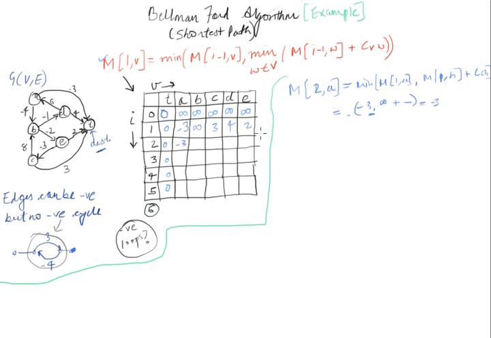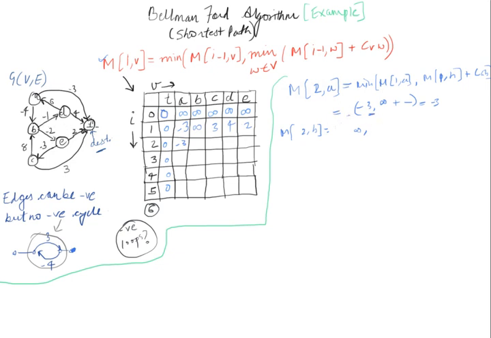Similarly for M(2, B), this will be equal to the minimum of M(1, B), which is infinity, or now B to T using 2 edges. I can use this path BDT or BET. Using this path, infinite.